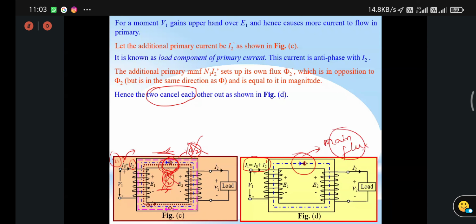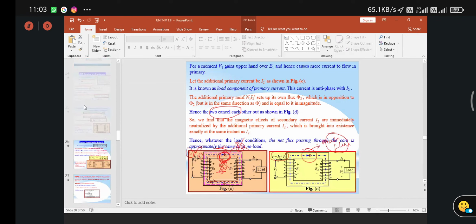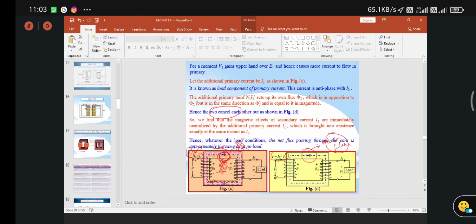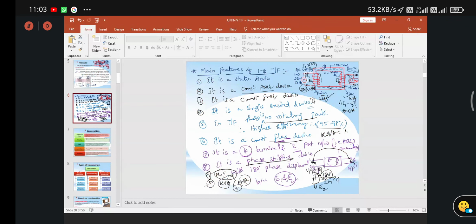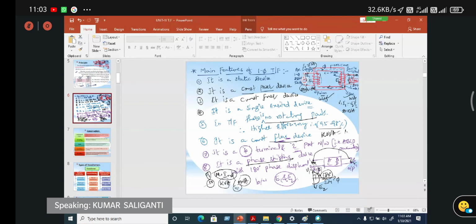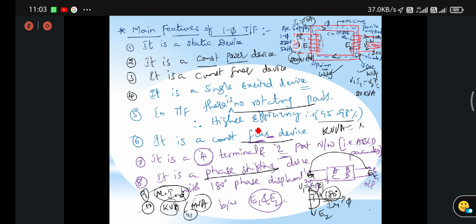So that's why, as I already told you earlier, the transformer is a constant flux device.